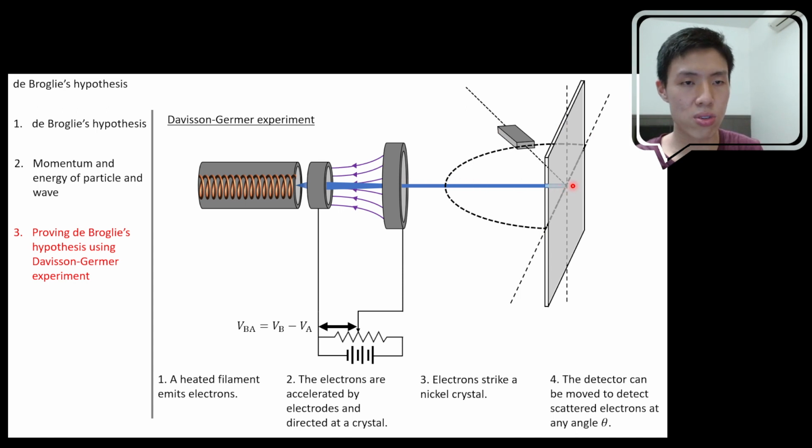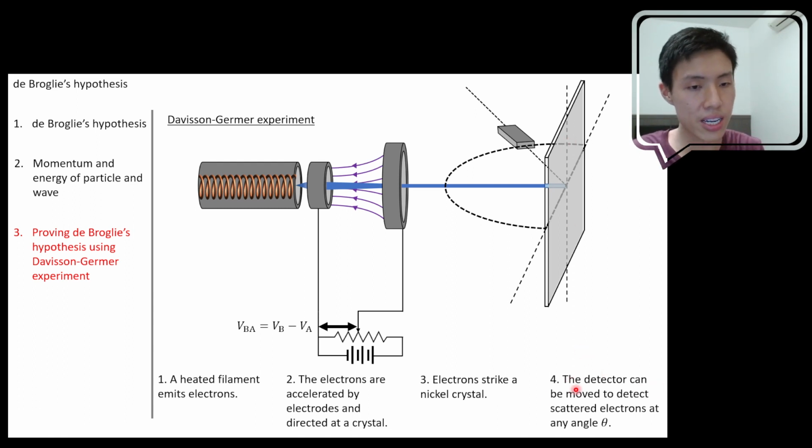Electrons will hit this nickel crystal, so they will somehow get diverted into another direction, or get reflected, or behave differently because they hit the crystal. This detector is here to detect where the scattered electron goes, or where the electron is deflected to. It is able to move across this 180 degree semicircle to look for where the electron gets deflected to.